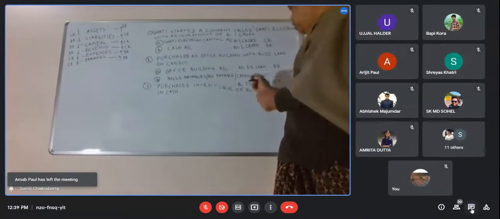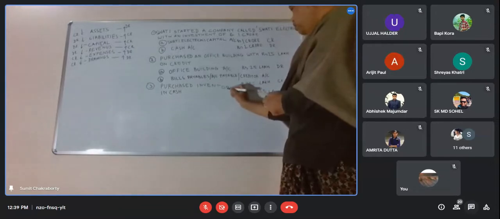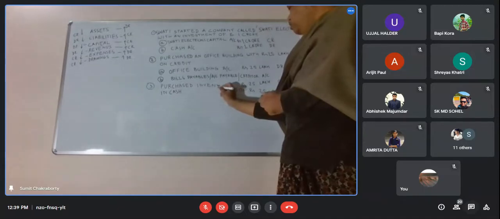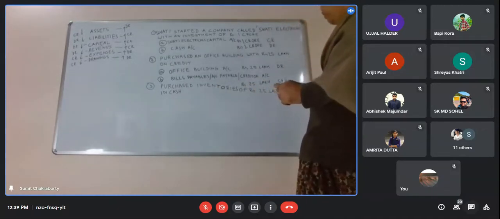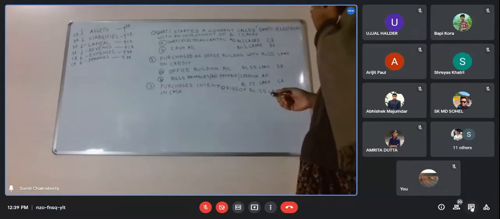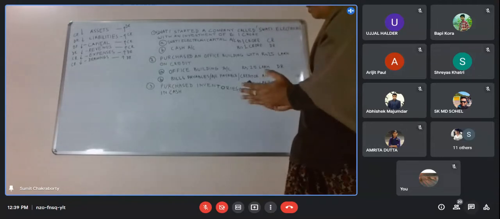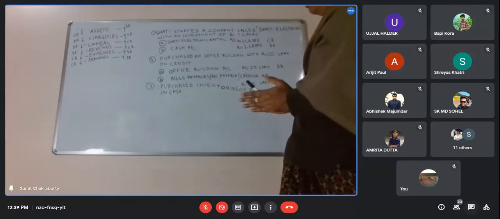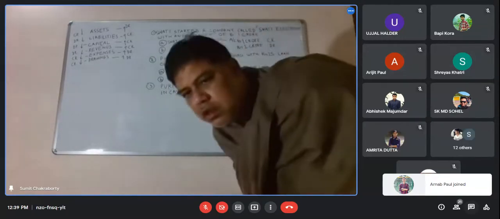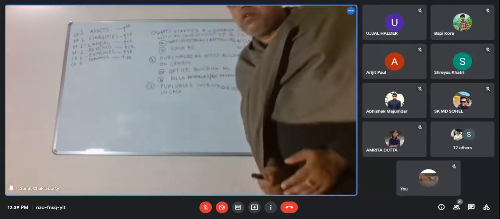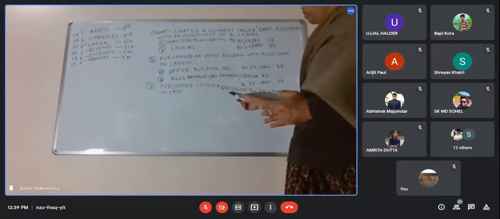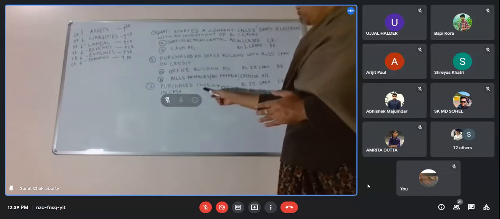Purchase inventories of rupees 25 lakh. So which account? Ultimately, what did the company get? Inventories. The company got the inventory.